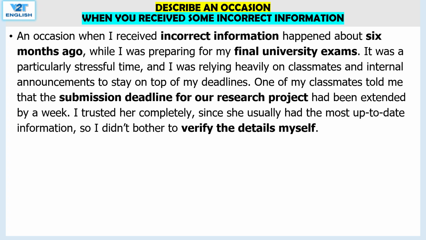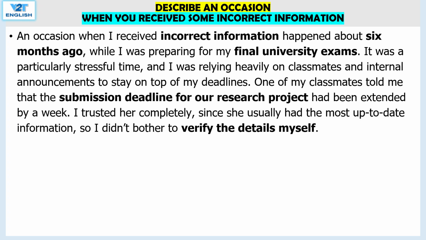An occasion when I received incorrect information happened about 6 months ago, while I was preparing for my final university exams. It was a particularly stressful time, and I was relying heavily on classmates and internal announcements to stay on top of my deadlines.